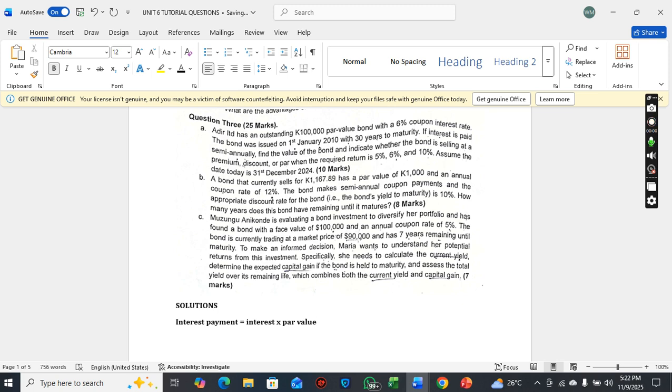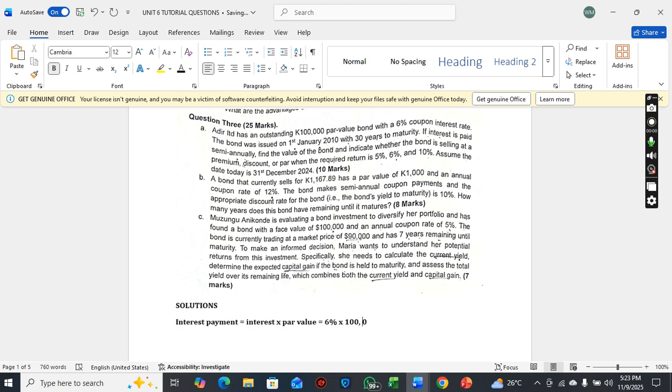Since the interest is paid semi-annually, we'll have to divide this interest payment by 2, or you can just divide the interest rate by 2. You'll still get the same answer. So the interest rate 6% times the par value 100,000.